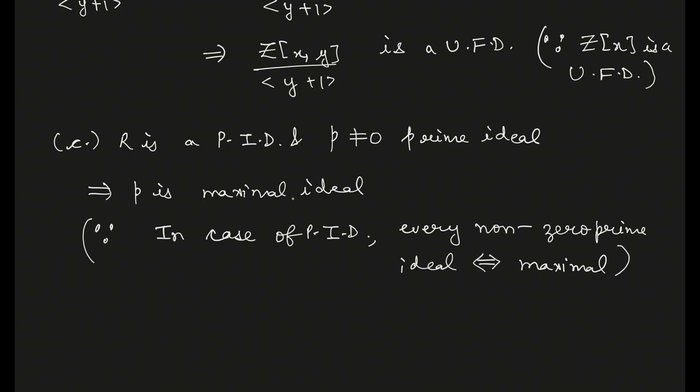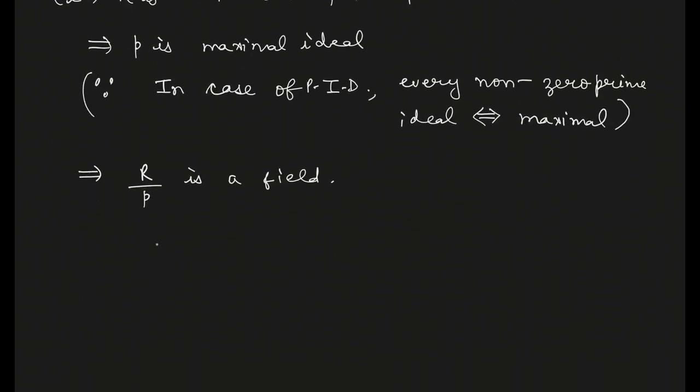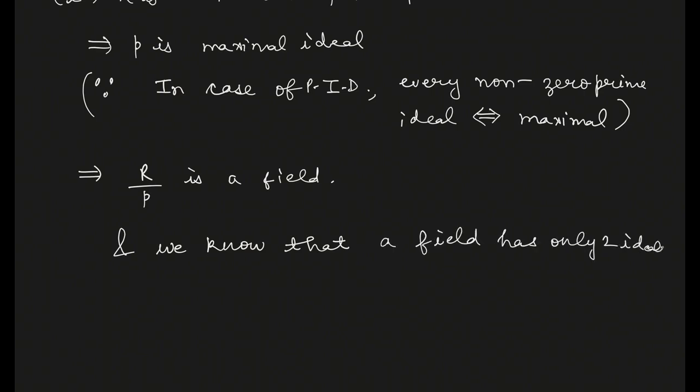So by this, P is a maximal ideal, and as P is a maximal ideal, the quotient ring R by P is a field, and we know that a field has only two ideals: the zero ideal and itself.